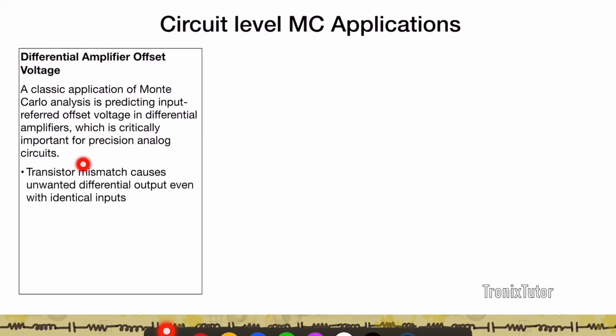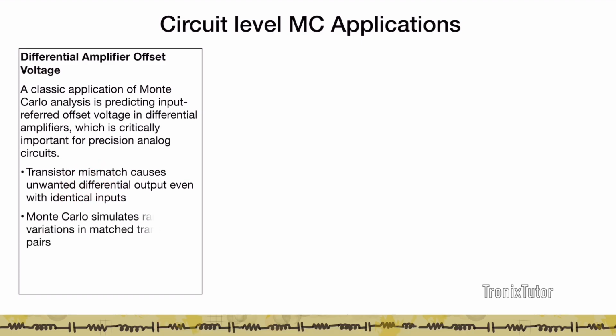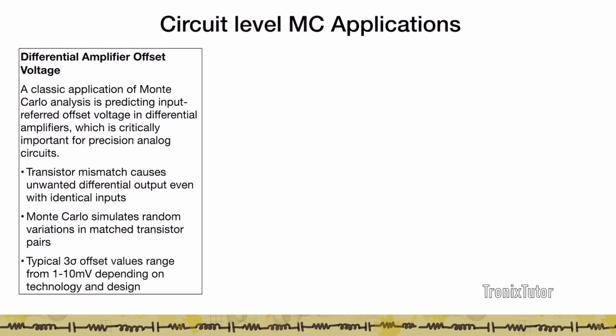This input offset is basically caused by the mismatch in the transistors in the differential pair. And so you can do Monte Carlo simulations to simulate the random variations in these matched pairs and then use that to set what the input offset voltage would be for your particular technology. Right? And typically we have around 1 to 10 millivolts in technologies.